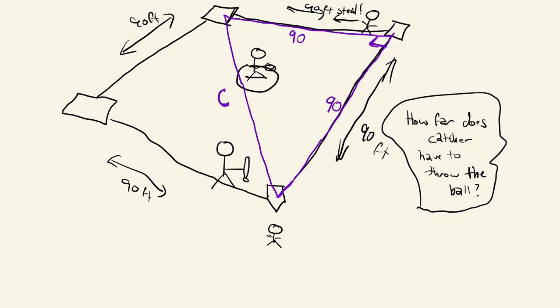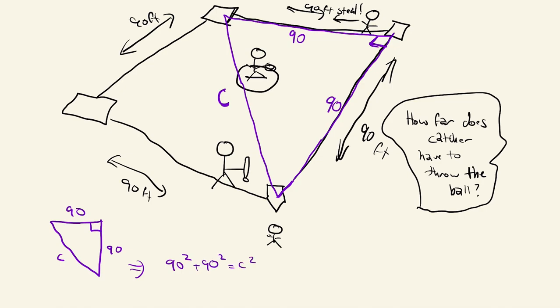I'll redraw them in the same orientation. So this will look like an upside down triangle compared to what we were looking at before, but this way you can actually see how they fit into the bases. So this is 90 and this is 90, and this is C. We're solving for C. That's 90 squared plus 90 squared is C squared.